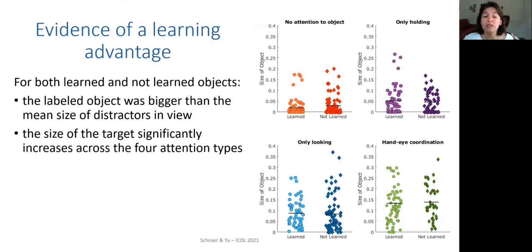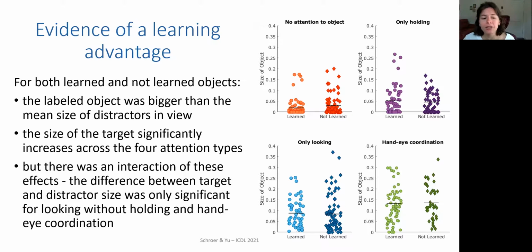And we also saw that the size of the target significantly increases across these 4 attention types, which we can see in these plots. However, there was an interaction of these 2 effects. So the difference between the target and the size of the distractor was only significant for when the infant was only holding the object or in hand-eye coordination with the object.